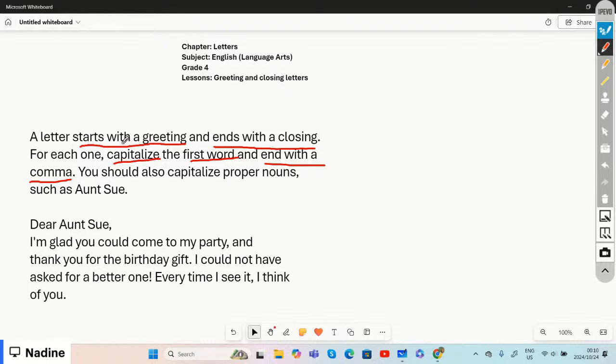Do not forget to capitalize proper nouns. Remember, proper nouns are names of people, names of places. We are being specific with names of people, names of places, and so on. So names like Aunt Sue or Auntie Sue need to be capitalized.